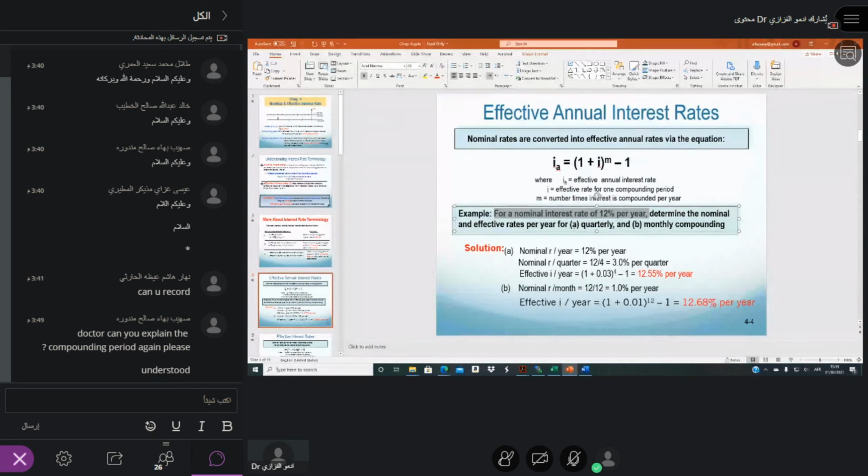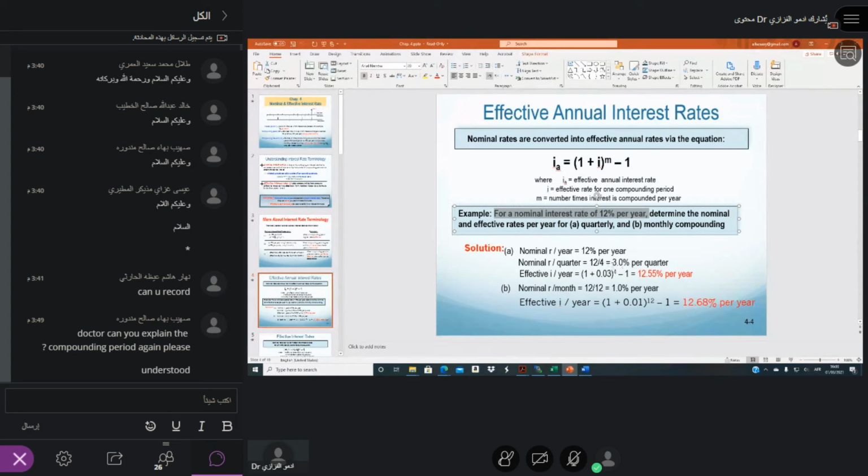For quarterly and monthly compounding. So they are giving you this nominal interest rate per year, which is 12%. And if you want to find the nominal quarterly interest rate, you just divide this by the number of quarters, which is 4. You divide the 12% by 4, and it will give you 3%. And now you have the nominal quarterly interest rate.